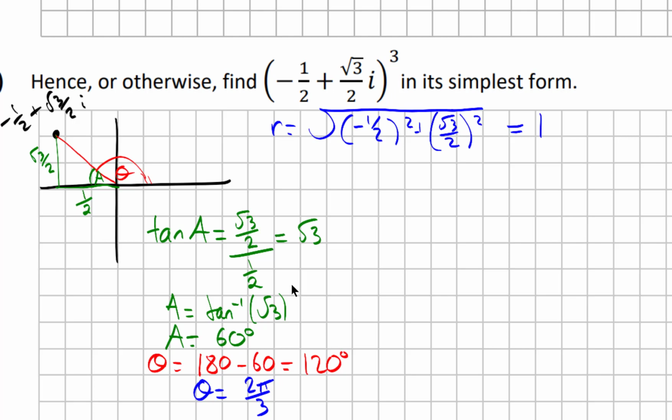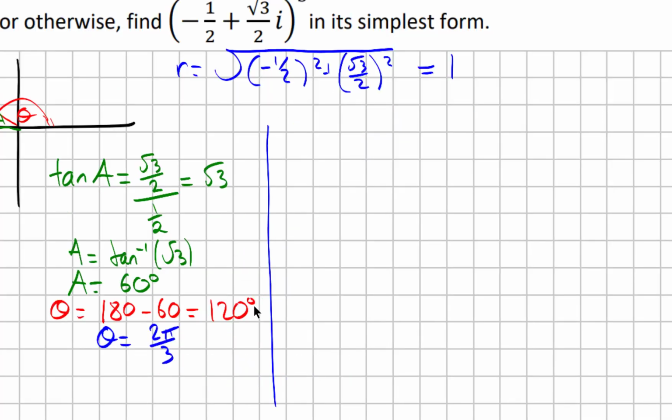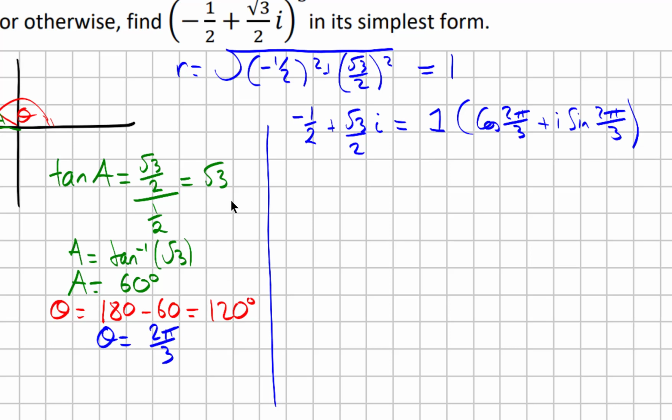It doesn't really make a difference whether you use radians or degrees in this question. I'm going to use radians. So therefore, we have just figured out that minus a half plus root 3 over 2 i can be written in polar form as 1 bracket cos 2 pi over 3 plus i sine 2 pi over 3.